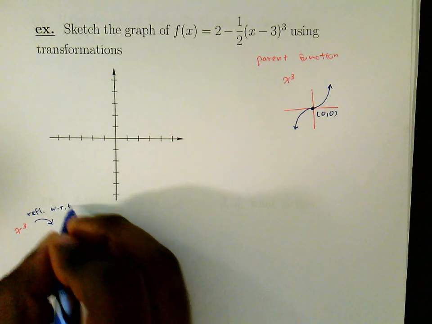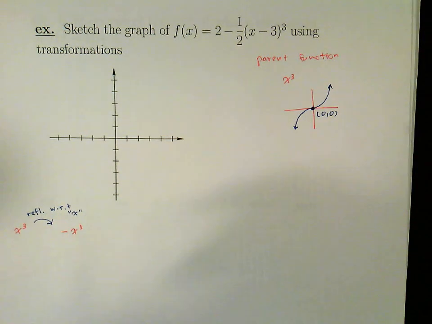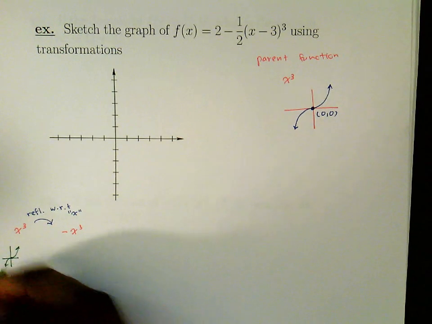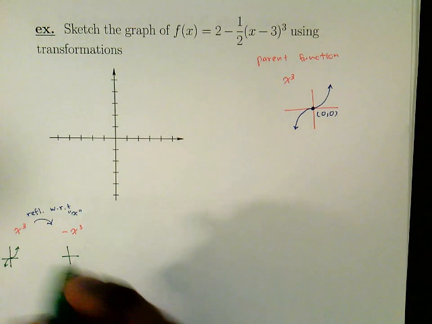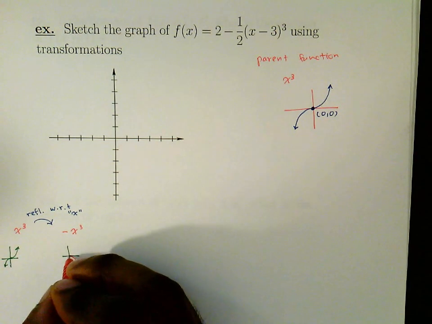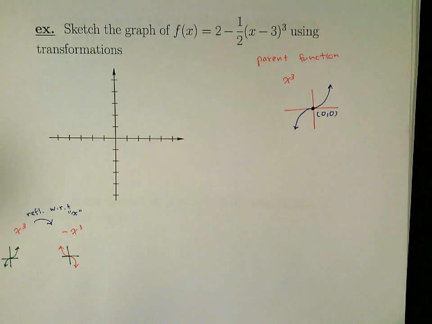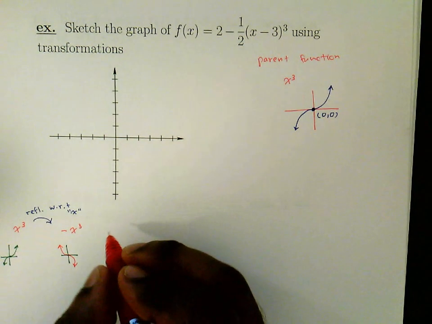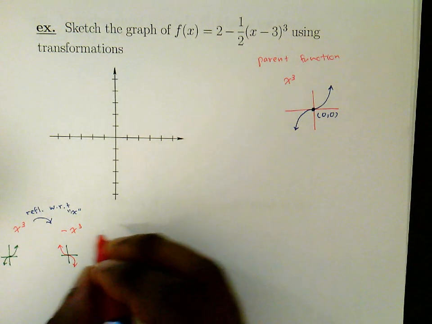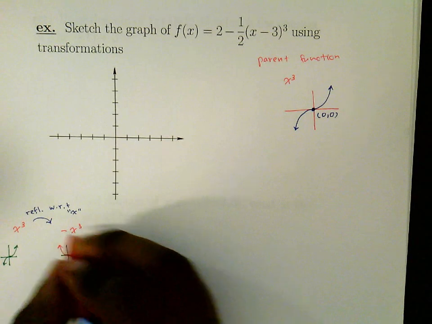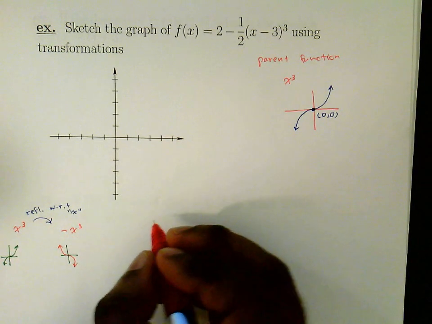So let's just draw the function as well. You had this guy, and you reflect with respect to x-axis, you have this guy. Okay, and now that doesn't really affect because you put the negative sign in front of it.